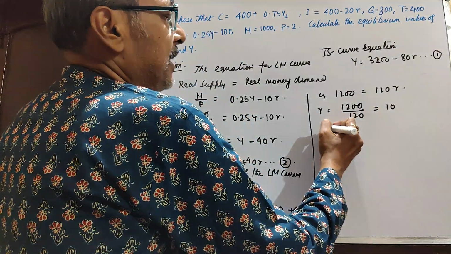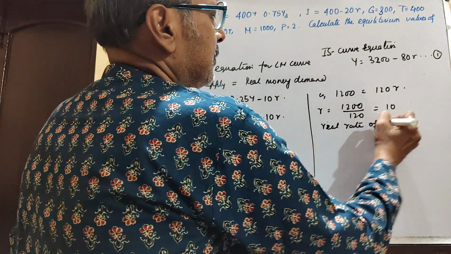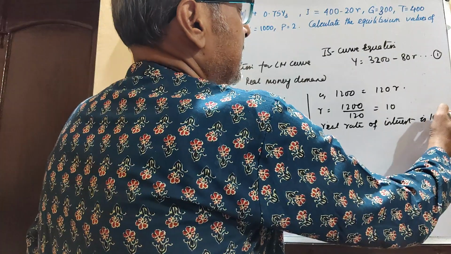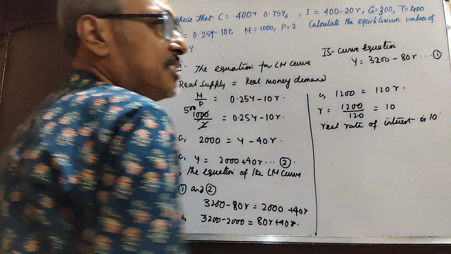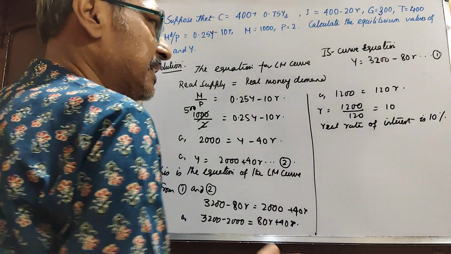The real rate of interest is 10%. r is always expressed in percentage, that is r equals 10%.